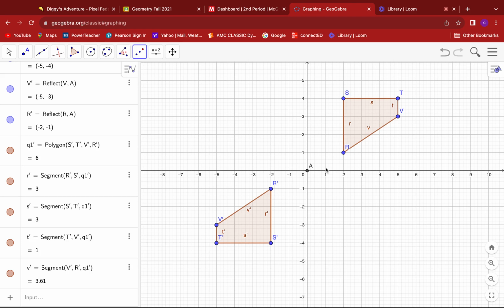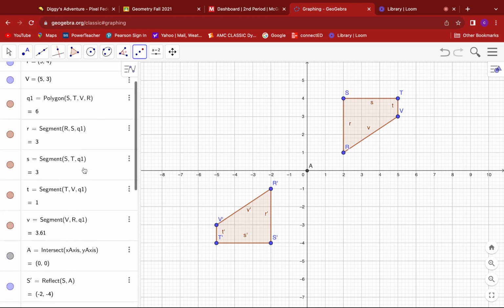So I want you guys to kind of watch what happened. R was right 2, up 1, positive and positive. Now R prime is left 2, down 1. So that's going to be negative and negative. So we are changing both from positive to negative.